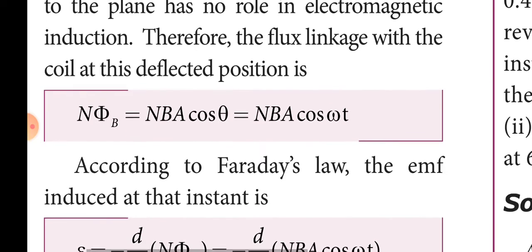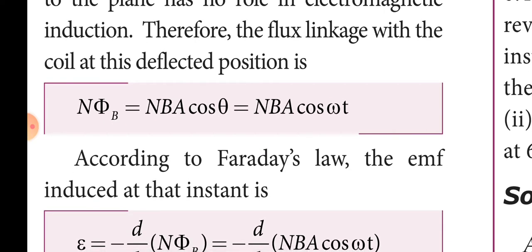Therefore, the flux linkage with the coil at this deflected position, N phi B, is NBA cos theta. We already know that theta is omega t, so N phi B equals NBA cos omega t.